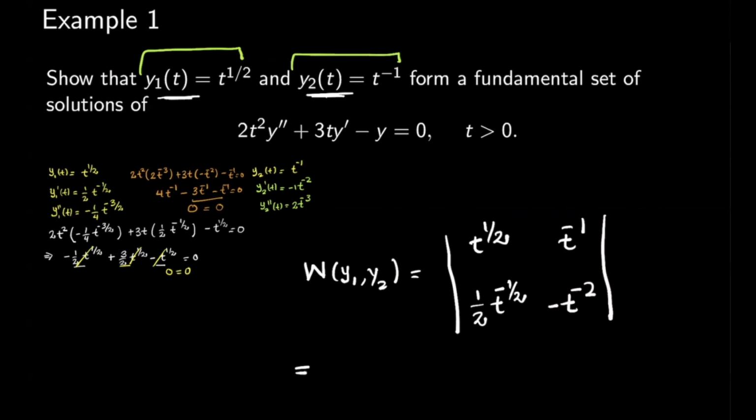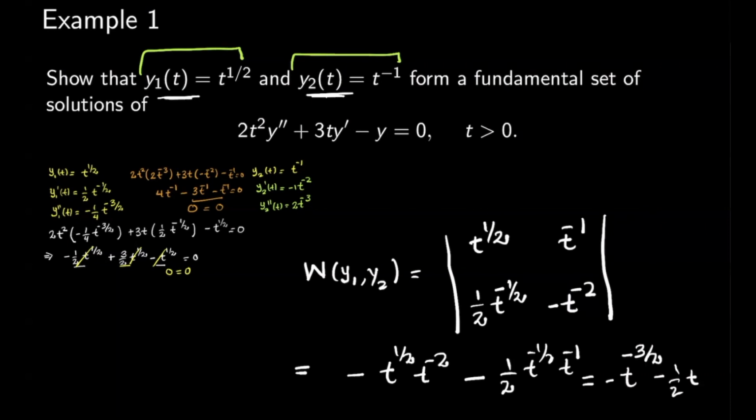So now cross multiply. This is going to be t to the power 1 half times t to the power minus 2, minus 1 half t to the power 1 half and t to the power negative 1. If you simplify the Wronskian, 1 half minus 2 is going to be minus t to the power minus 3 half, and here minus 1 half t to the power 1 half minus 1 is minus 3 half.